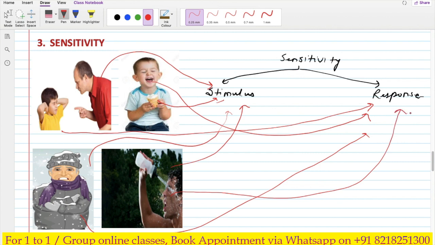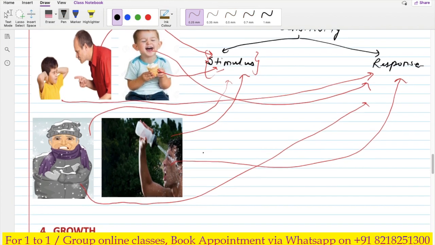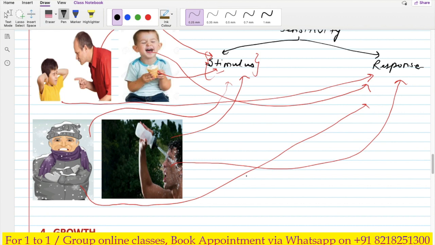So basically, all living organisms are sensitive because they can receive the stimulus and accordingly generate the response. Jumping to the definition of sensitivity, again, no cramming, I request. Sensitivity is the ability to detect or sense the stimulus and respond to the change.